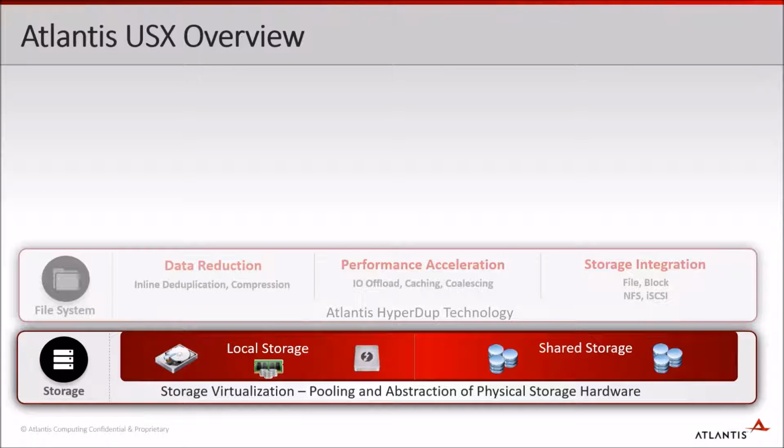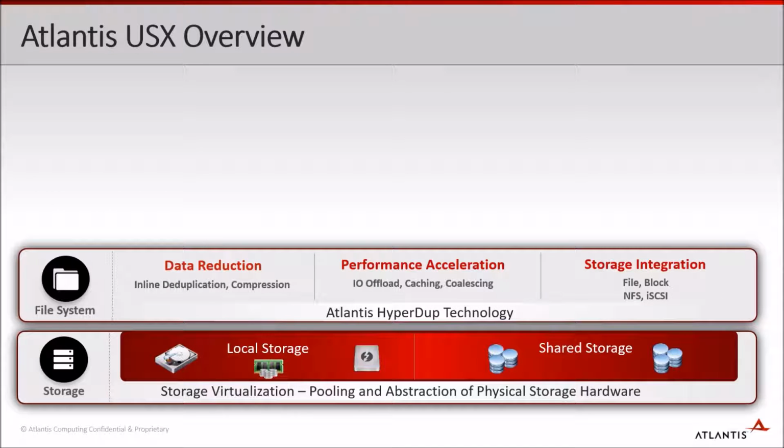Once we have pooled and abstracted everything, our deduplication file system brings inline deduplication and for certain volume types, compression, delivering unmatched storage efficiency. Not only that, as I mentioned briefly before, our inline deduplication follows a write avoidance strategy, which then results in massive performance acceleration.